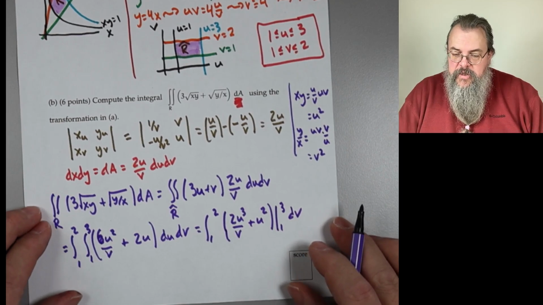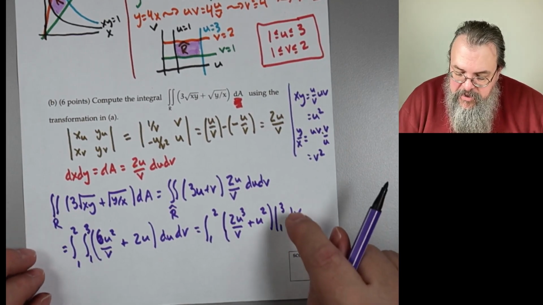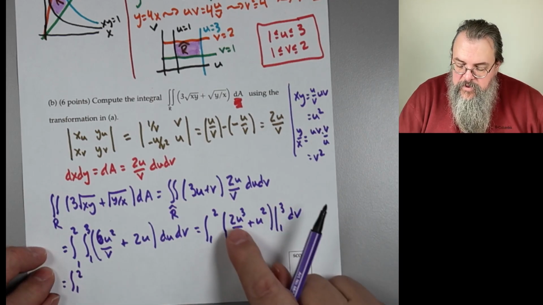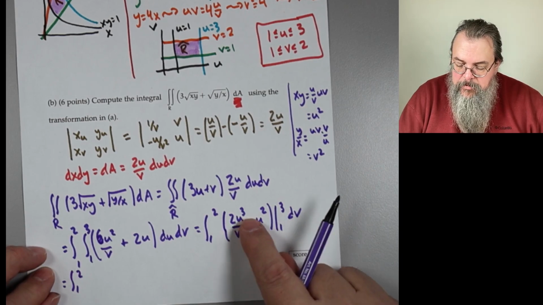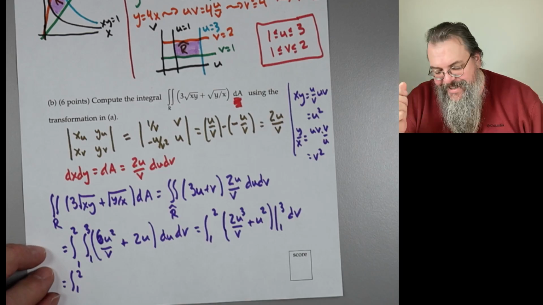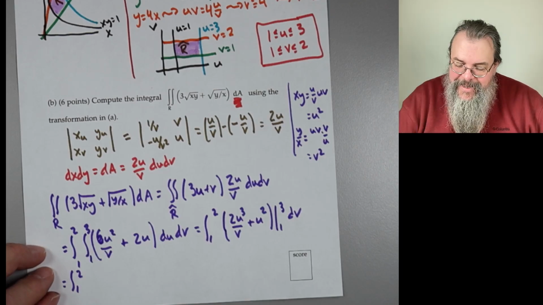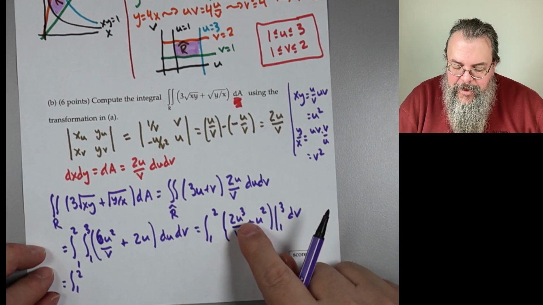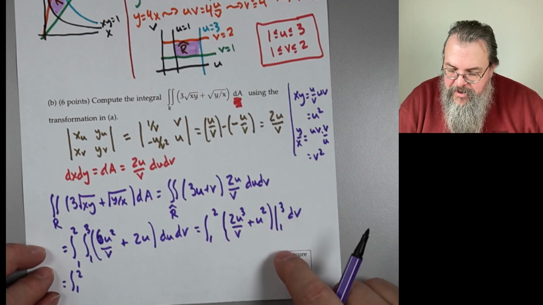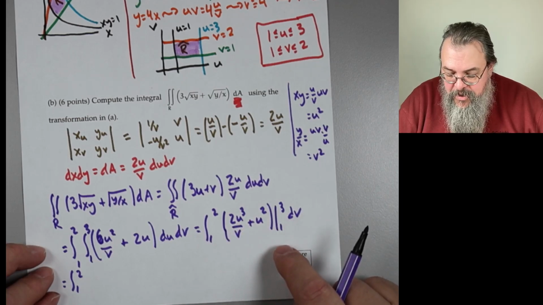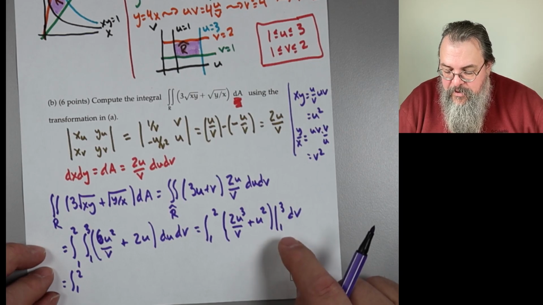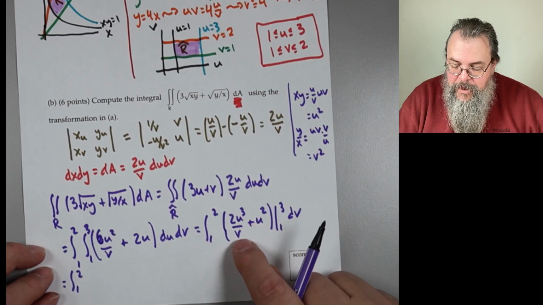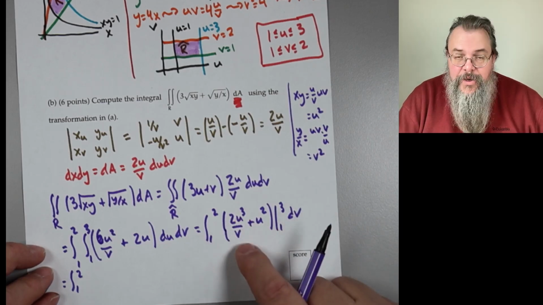When we plug in 3, this becomes integral 1 to 2. 2 times 3 cubed is 54 over v, but then you subtract 2 over v.